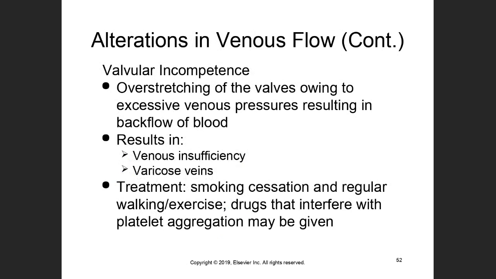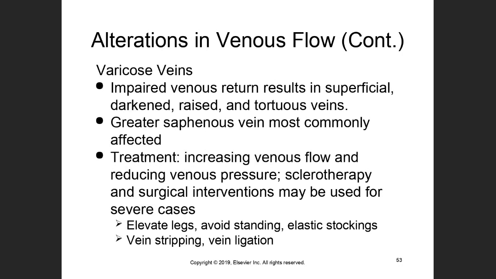Valvular incompetence, overstretching of the valve owing to excessive venous pressure, results in backflow of blood, resulting in venous insufficiency and varicose veins. Treatments: smoking cessation, regular walking exercise, and drugs.